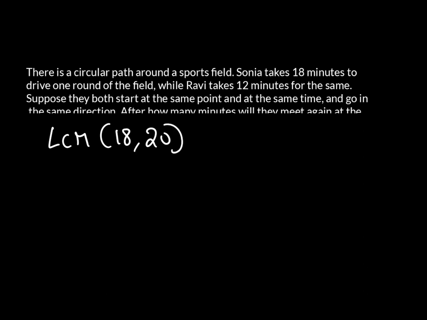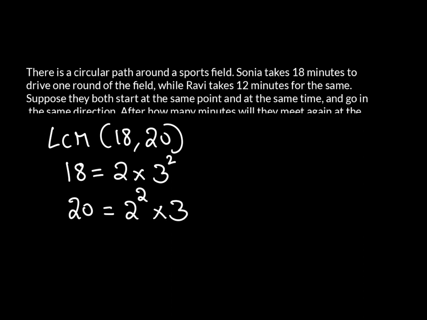And by prime factorization, we know that the prime factors of 18 will be 2 times 3 to the power 2. And the prime factors of 12 will be 2 to the power 2 times 3.